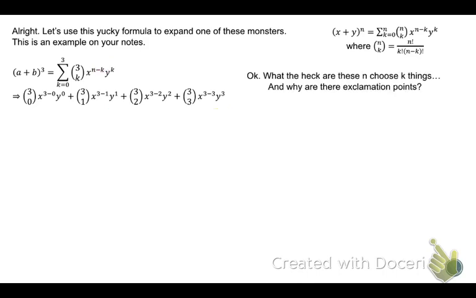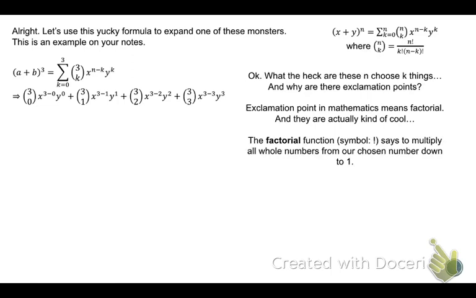Yeah, what the heck are those exclamation points? Why do we have exclamation points? Because we need to simplify this piece right here. An exclamation point in math means factorial. And these are actually kind of cool. Factorials say to multiply all the whole numbers down to 1.